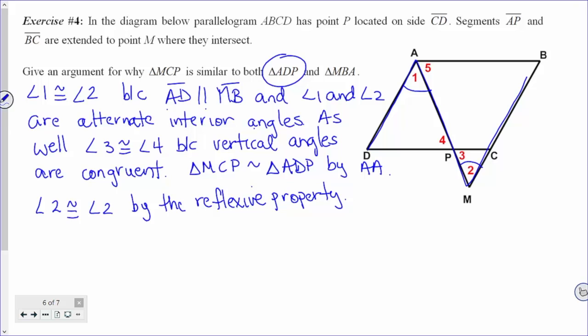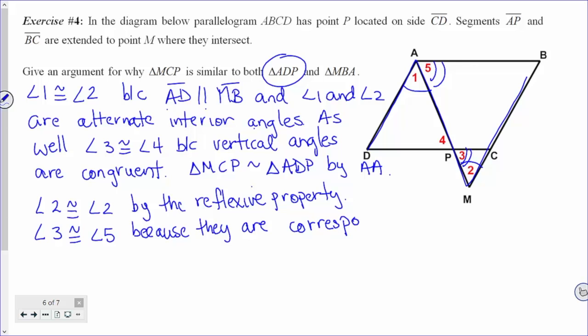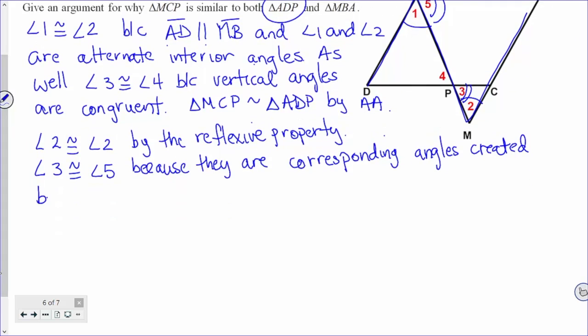now I can also say angle 3 is congruent to angle 5 because they are corresponding angles created by parallel lines.